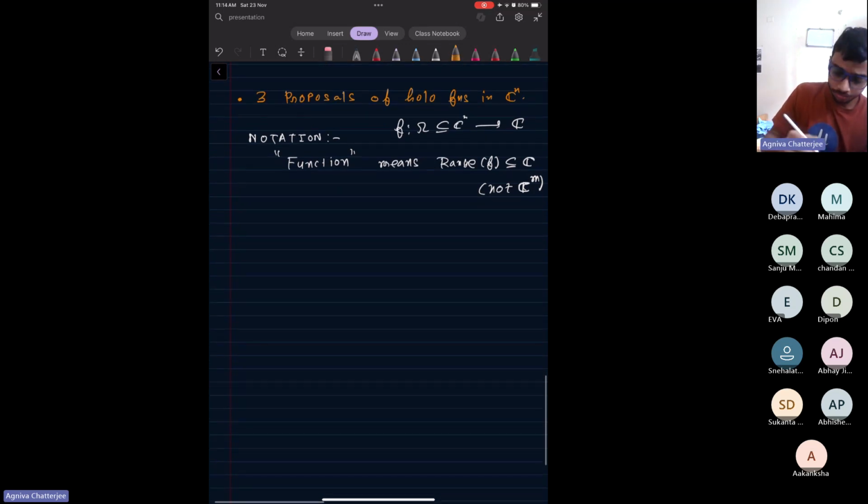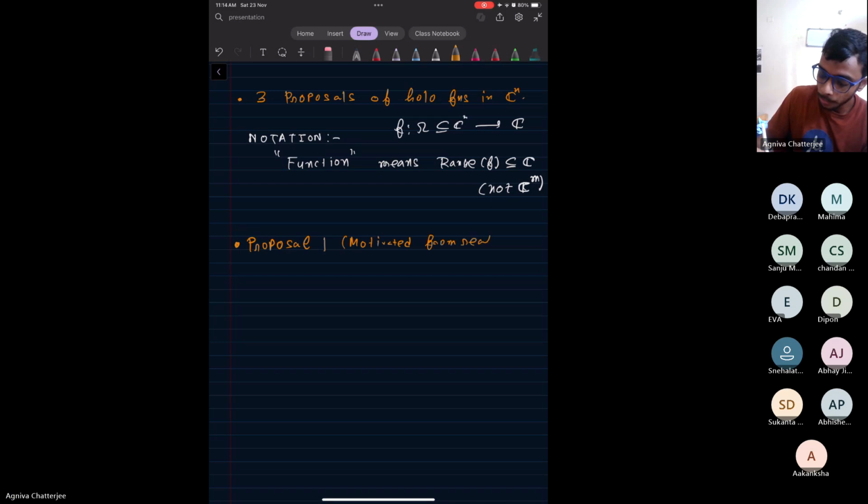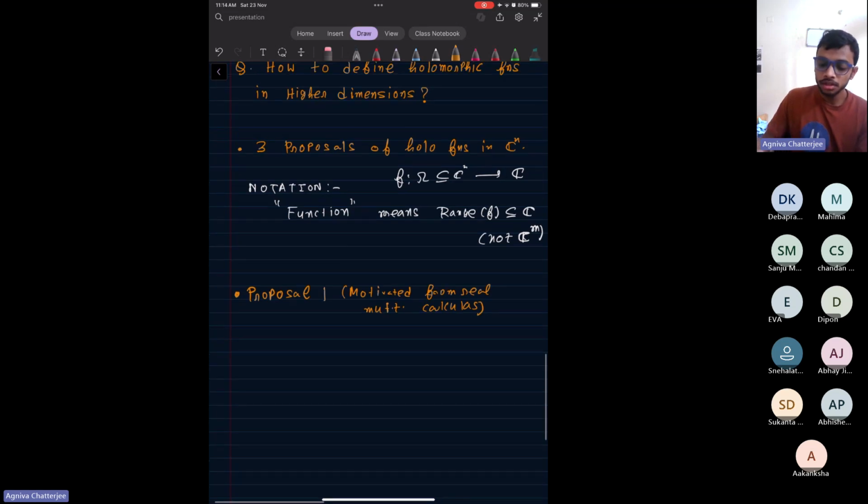So the first proposal, proposal one, is motivated from real multivariable calculus. How do you define differentiability of a function in Rn?